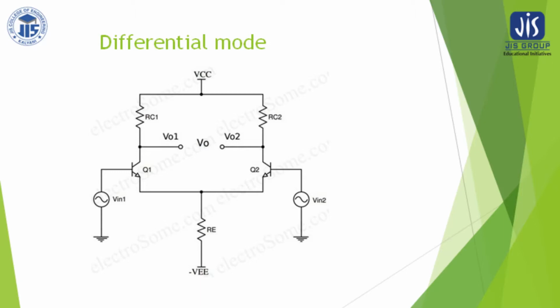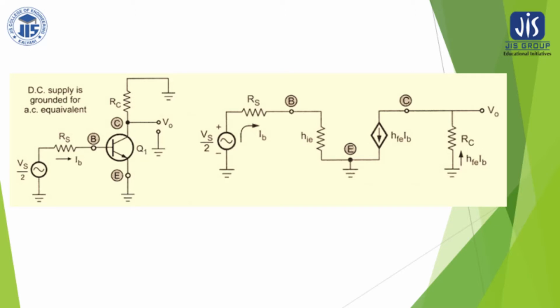So what is the hybrid pi equivalent circuit for this stage? Now see, for the first transistor, this will be the equivalent circuit, with plus V by 2 applied, because V1 equals V by 2.